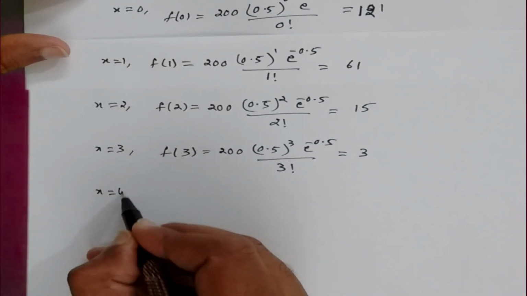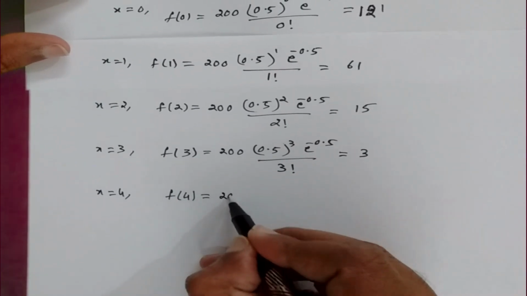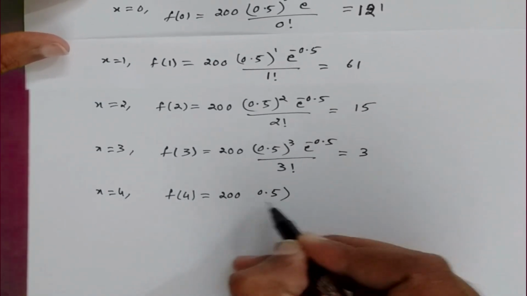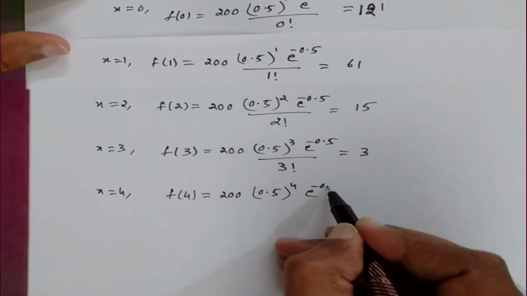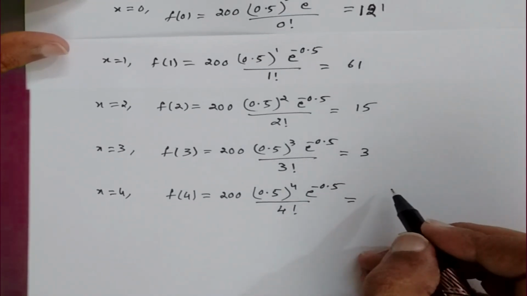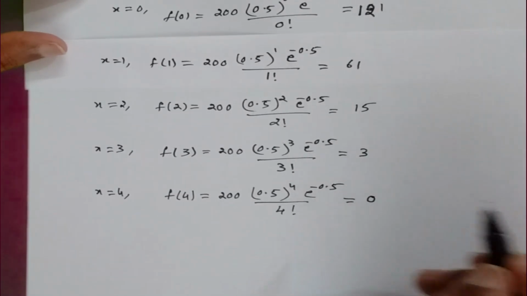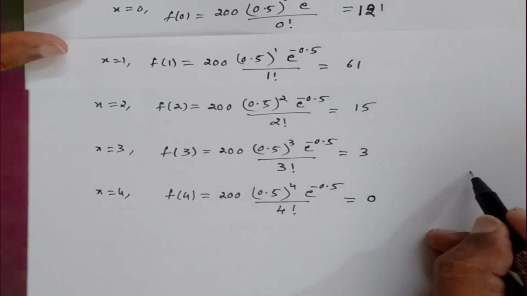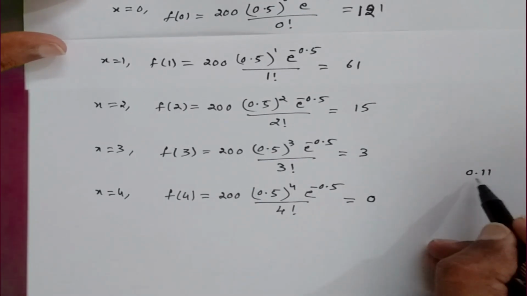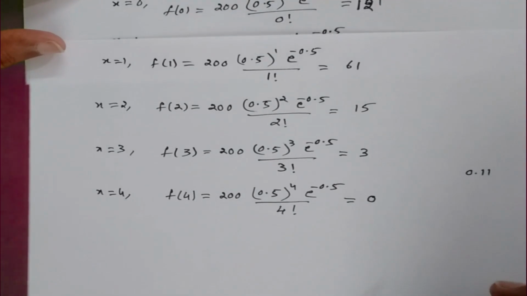Then take x is equal to 4. So f of 4 will be equal to 200 times 0.5 to the power of 4 into e power of minus 0.5 divided by 4 factorial. Evaluate this one. Are you getting the value to be equal to 0 approximately? Even if you are getting something like 0.11, in that case also you can approximate that value to be 0.